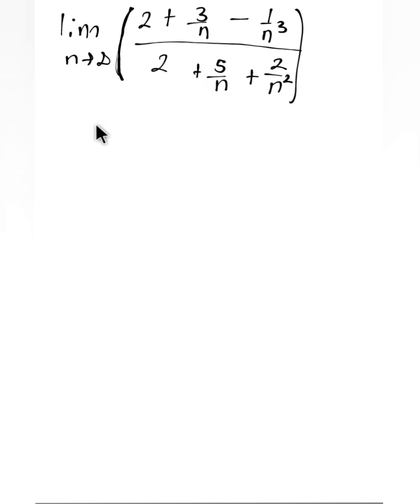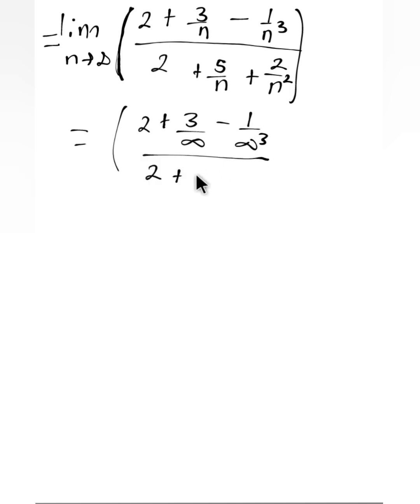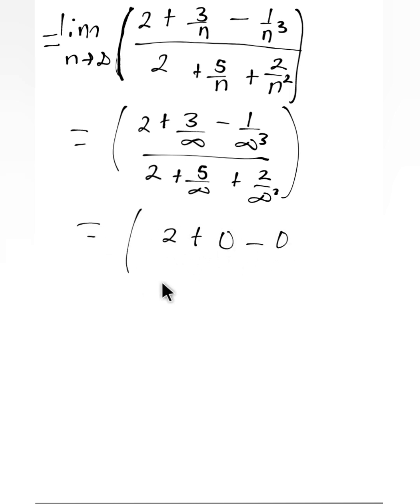So at this point, we put in infinity. So it equals 2 plus 3 over infinity minus 1 over infinity cubed, all over 2 plus 5 over infinity plus 2 over infinity squared, and this gives us 2 plus 0 minus 0 all over 2 plus 0 plus 0.